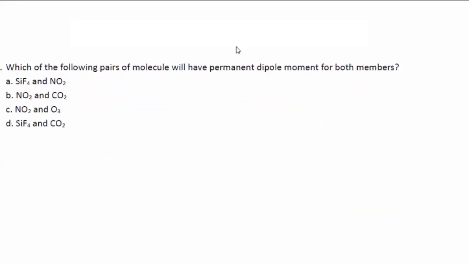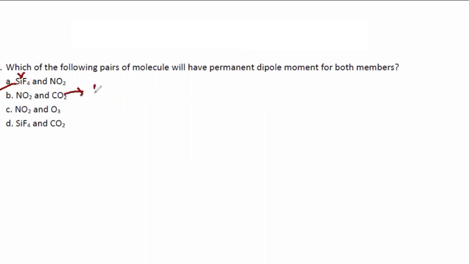Okay, so the next question. Which of the following pair of molecules have permanent dipole for both members? SiF4, if your silicon is replaced by carbon, that is CF4. If fluorine is replaced by hydrogen, the geometry will be same. And you know, this is a pure tetrahedral geometry, dipole moment will be 0. Whereas the question says both members should have permanent dipole moment. Here the dipole moment is 0, so this choice is not possible.